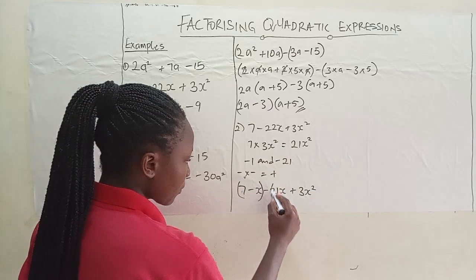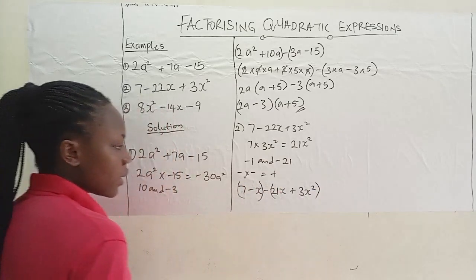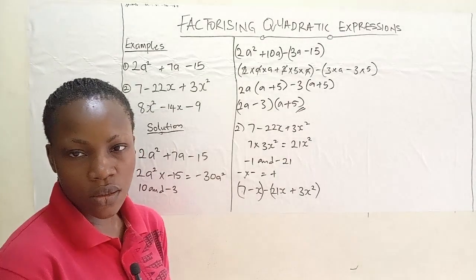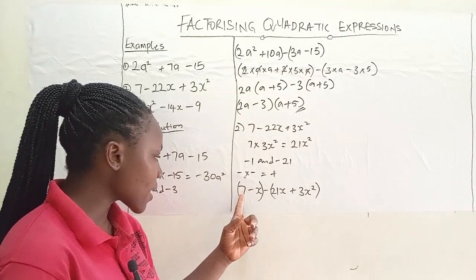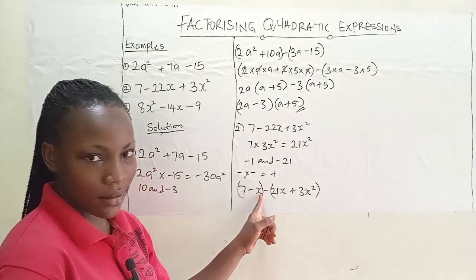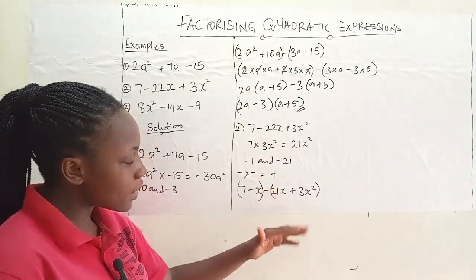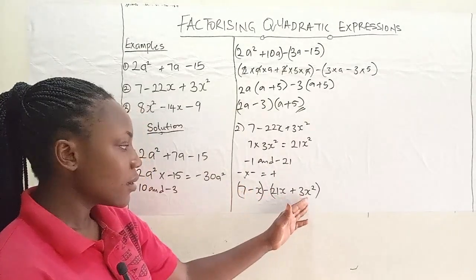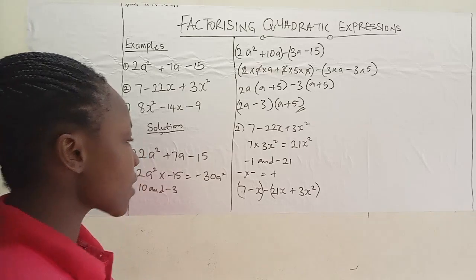Group them. Next, let's look for the common factors. What we can see in 7 that we can equally see in x, and also what we can see in 21x that we can equally see in 3x squared.